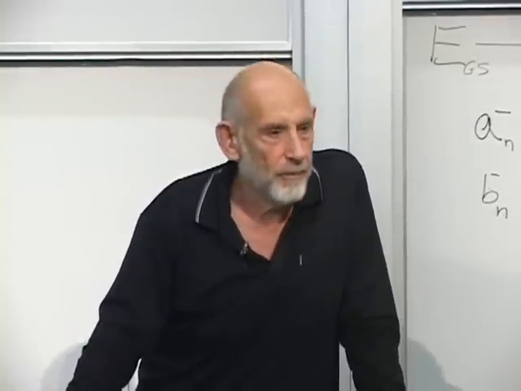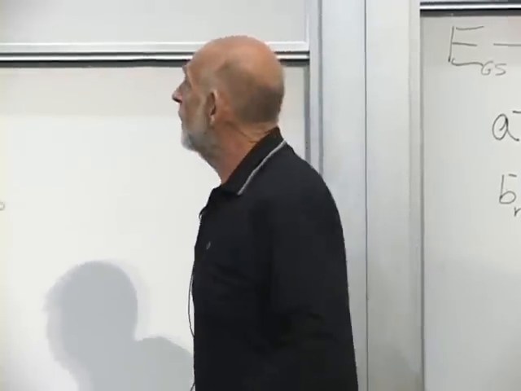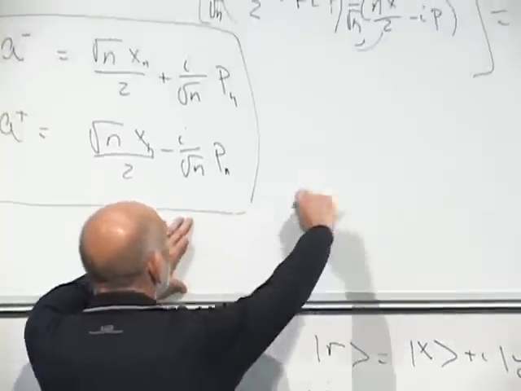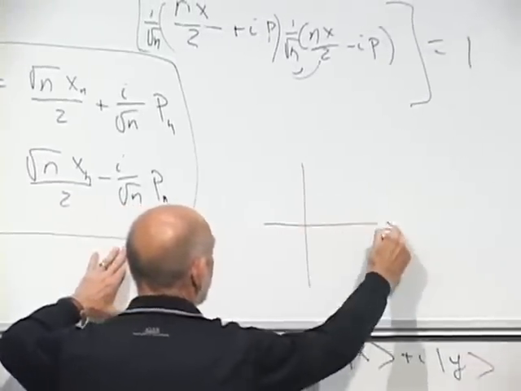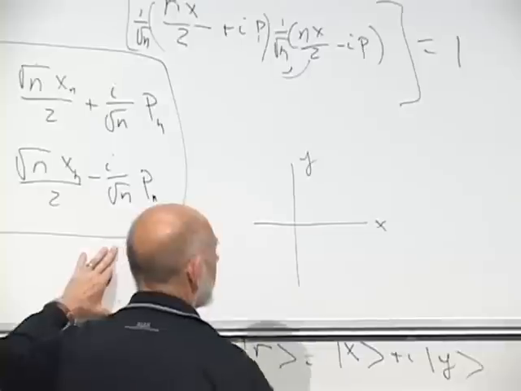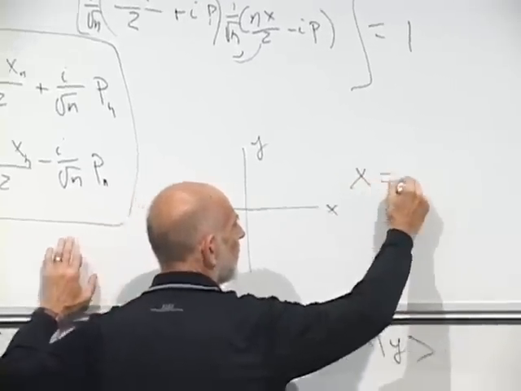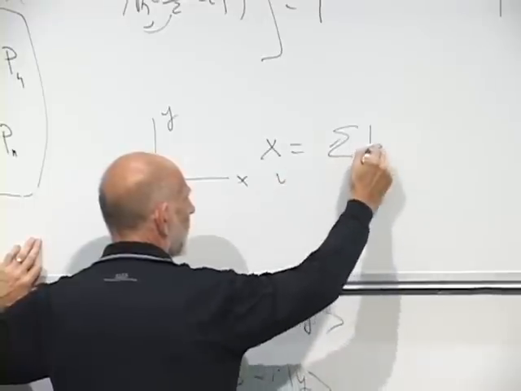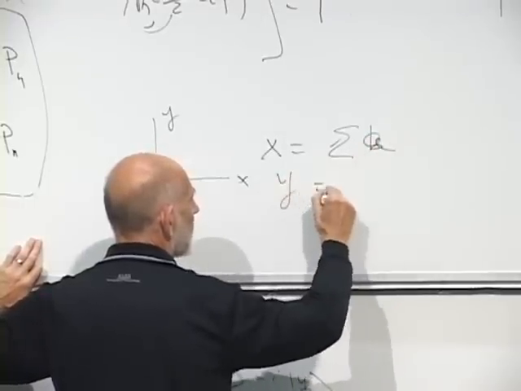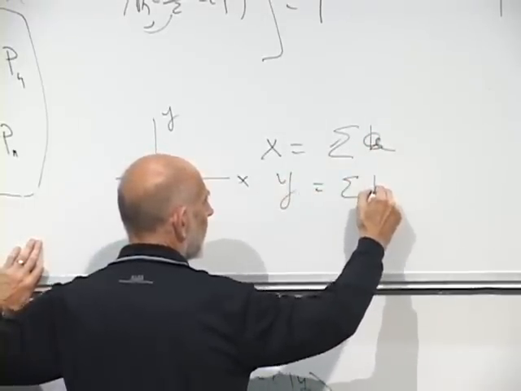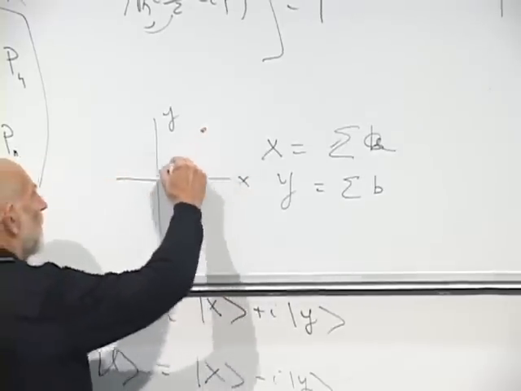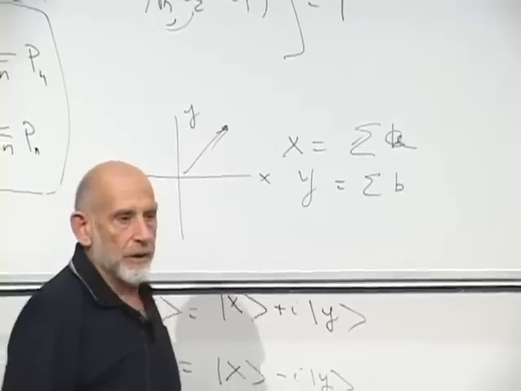Well, you ask where they came from. They came from x and y. We wrote that x was some sum involving a's, and y was some sum involving b's. What are x and y? X and y are components of a vector. That's what they are.